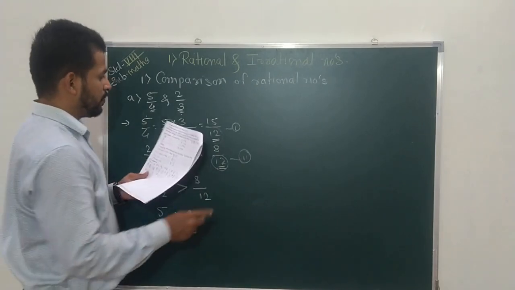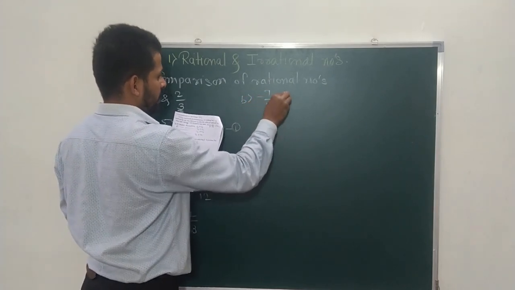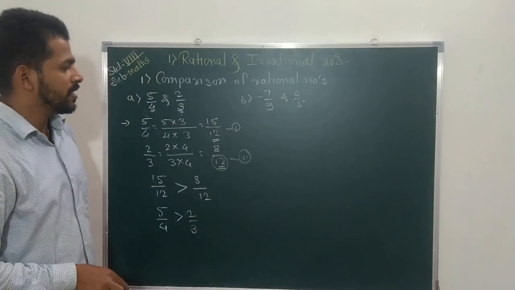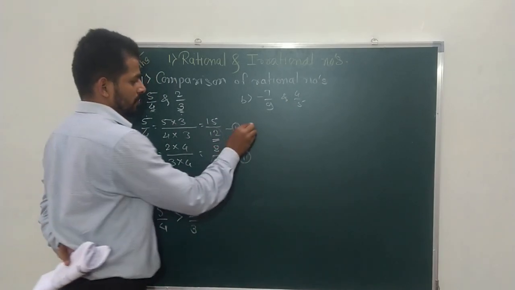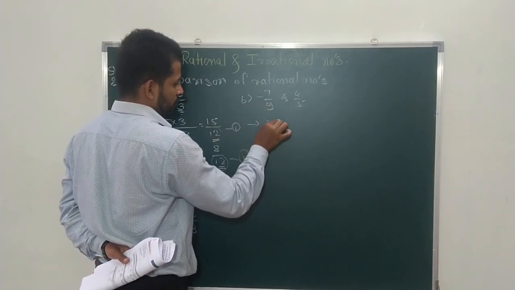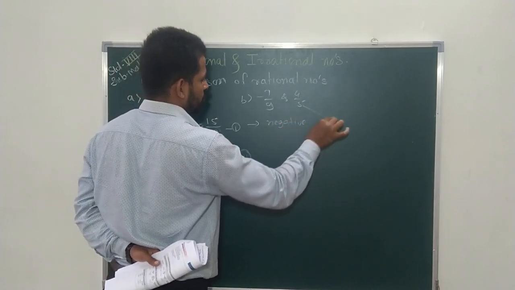Next example: minus 7 upon 9 and 4 upon 5. Let's see. Here the first rational number is negative and the second one is positive.